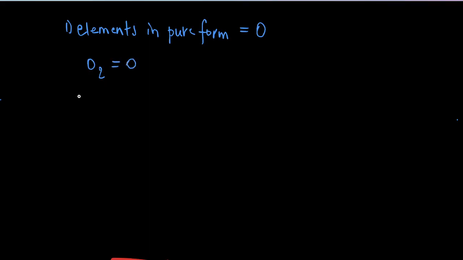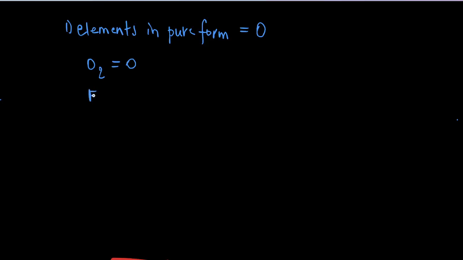Like I just mentioned earlier, there are certain rules that you have to memorize, so let's get right into those rules. Number one, you should keep in mind that elements in their pure form are going to have an oxidation number of 0. That's pretty straightforward. If we just have elemental oxygen, that is O2, in its pure form, it is going to have an oxidation number of 0.